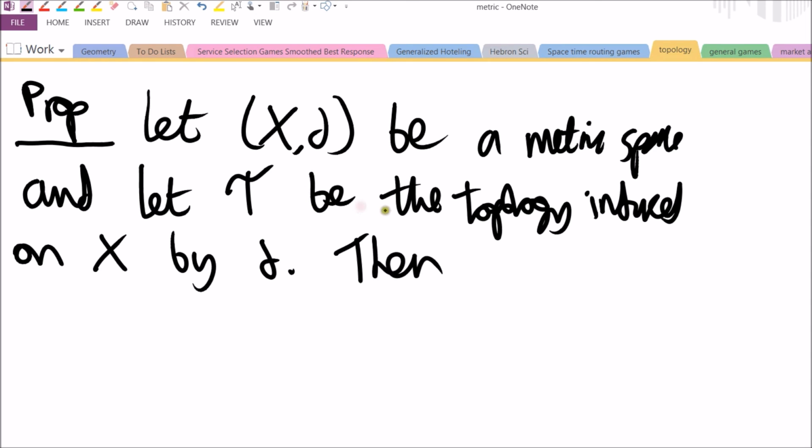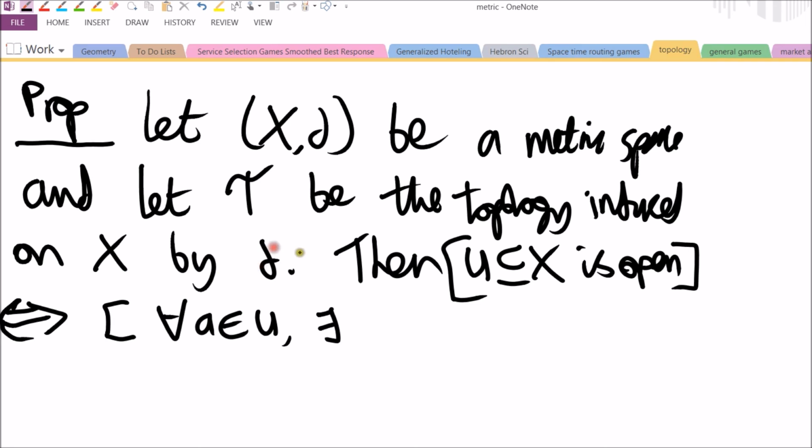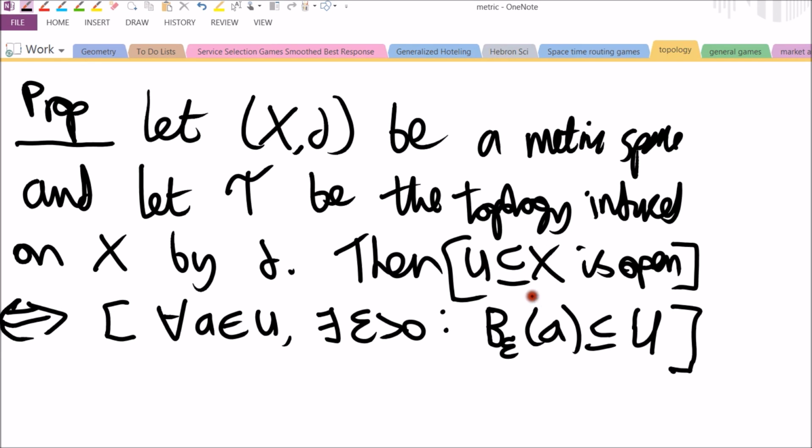And then we propose that if we have a subset U of X, then that's going to be open if and only if for every member A of that subset, there's going to exist some positive number epsilon, such that there's some epsilon-radius ball around that point A which is contained within U. Okay, so this gives us a much more explicit connection between what the topology is and the actual open sets.